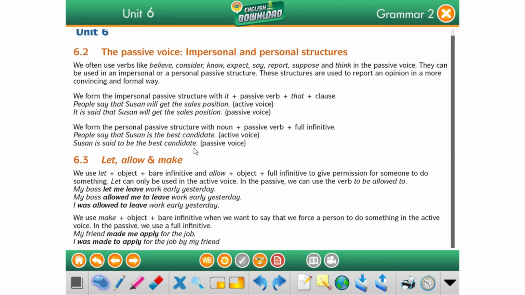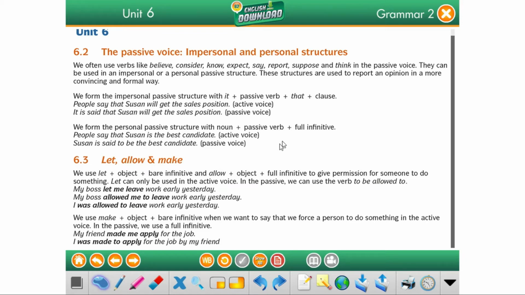The best candidate. Why is this sentence using to be, but the active sentence says is? It says people say that Susan is the best candidate. But then here I have Susan is said to be the best candidate.